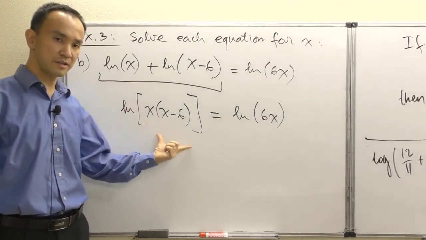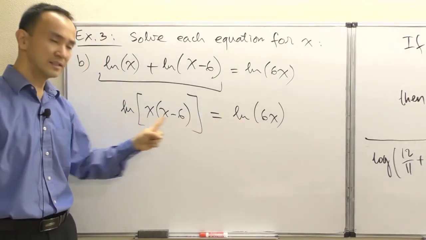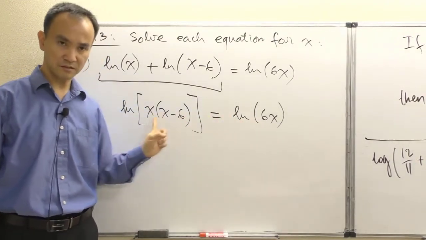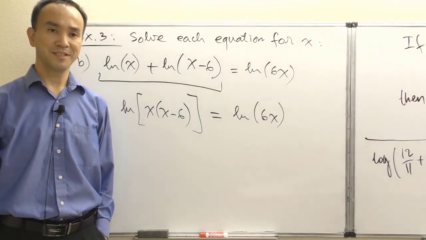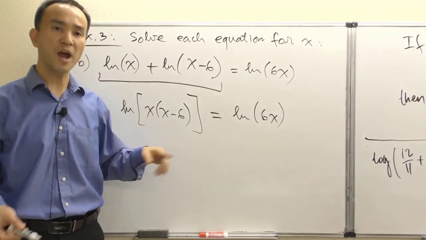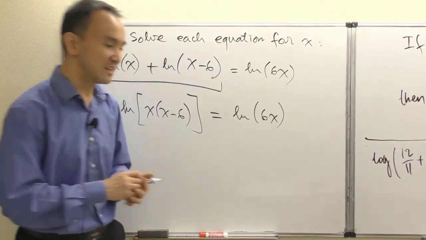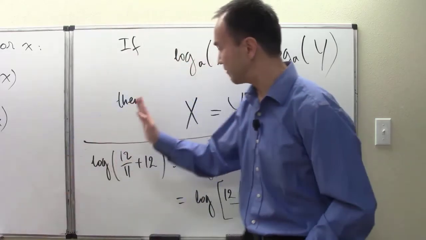One single logarithm term equals another single logarithm term, same base, but it could be a different expression right there. And so now from this equation, this is clearly making way for us to use that important fact that we've learned here.